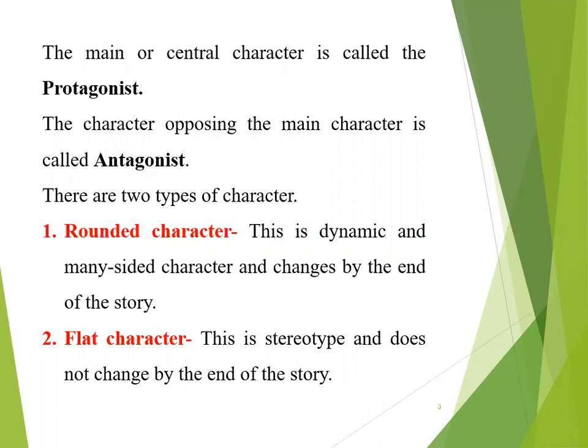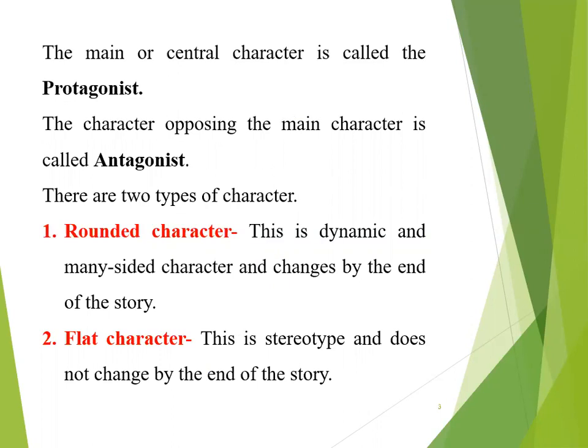But this conflict may sometimes be between man and man, or man and nature, or in the mind of the character. So this antagonist may be a character, or maybe some force. Nature sometimes becomes the antagonist, because something which opposes the main character or the protagonist becomes the antagonist.